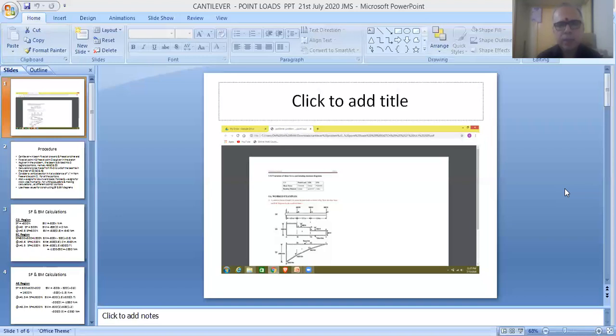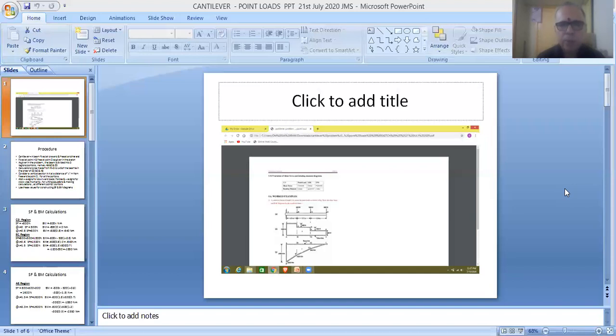So generally a beam is defined as any member which is capable of receiving loads acting at different points. This is called a beam, and we have different types of beams.